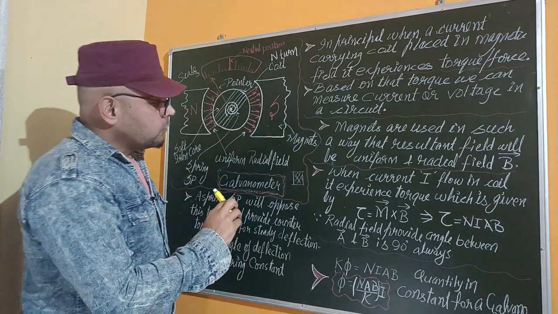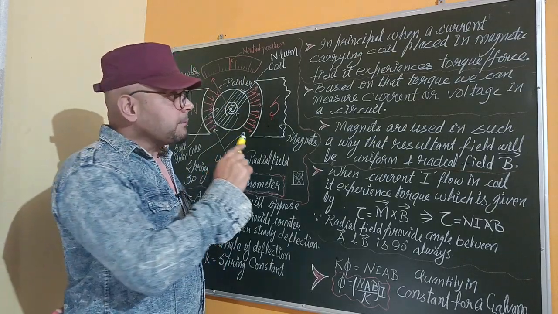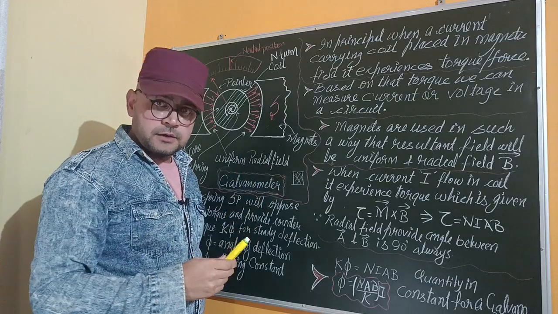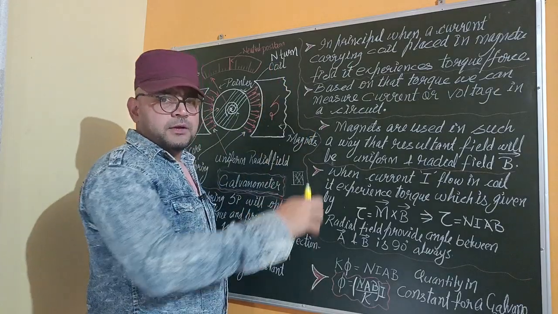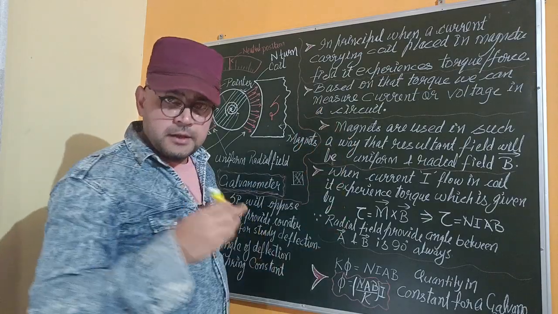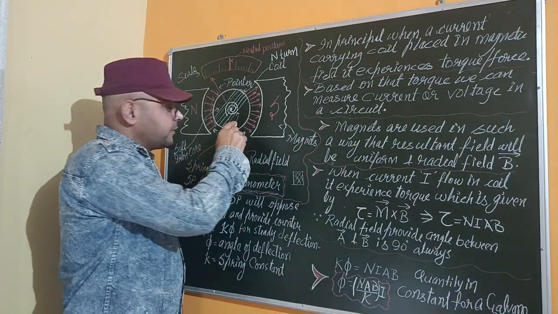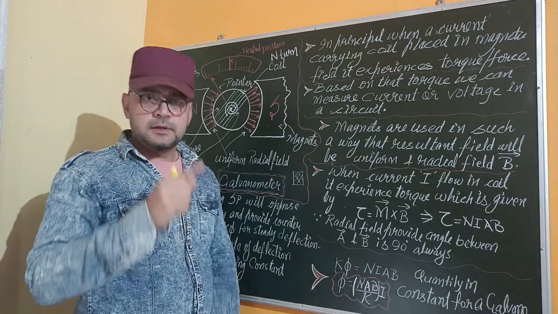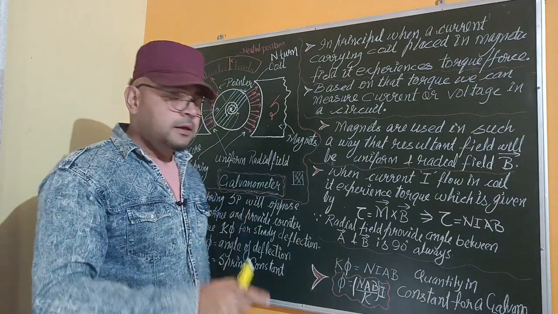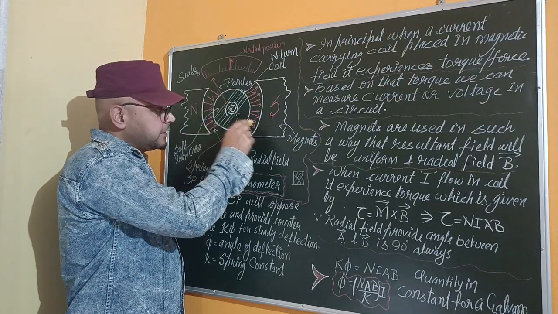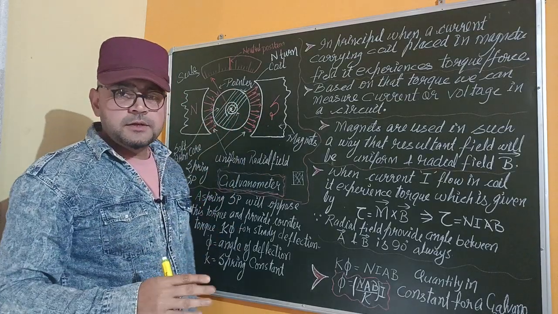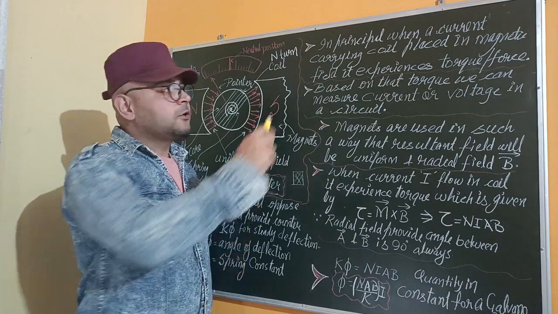Now comes the part: how does this device work? It works on the principle that when a current carrying coil, which is wrapped upon this soft iron core, is placed in a magnetic field, it experiences a torque.